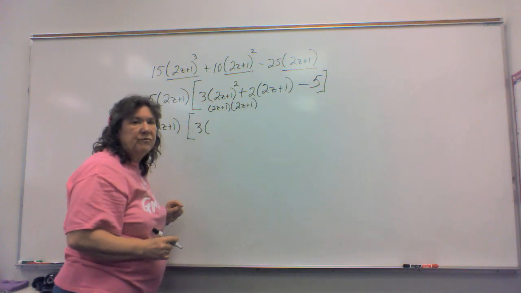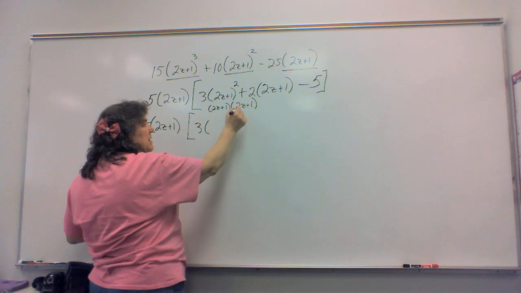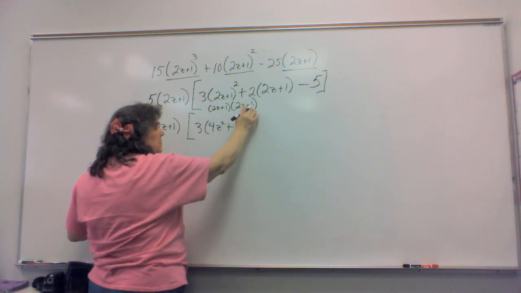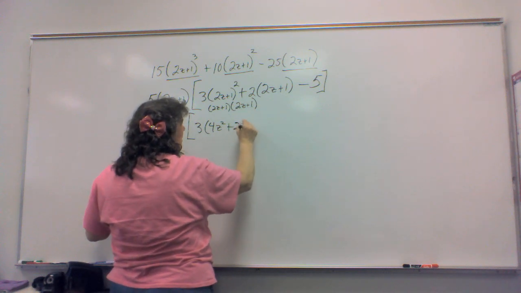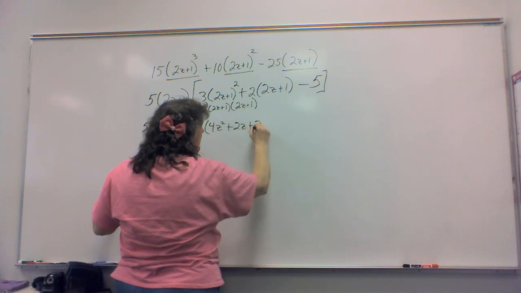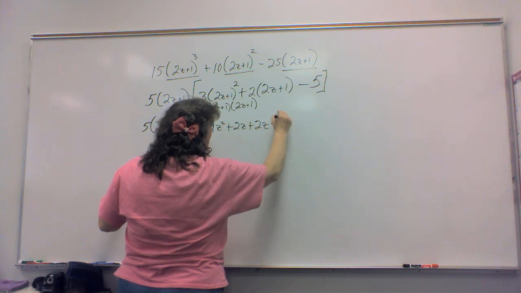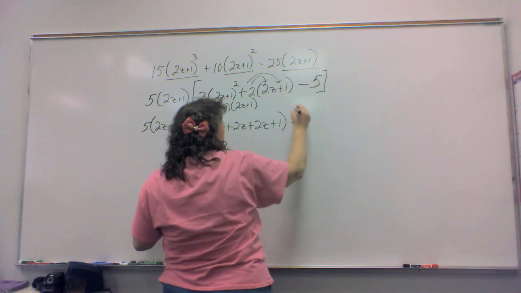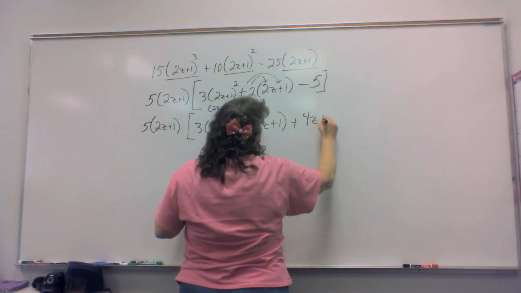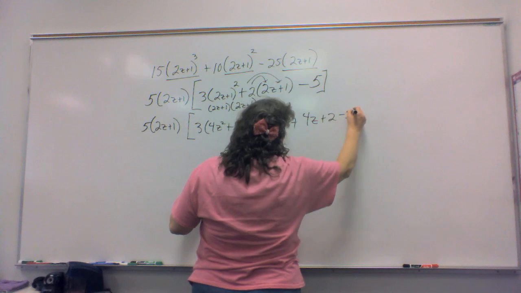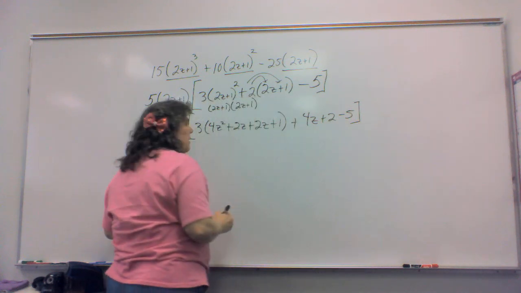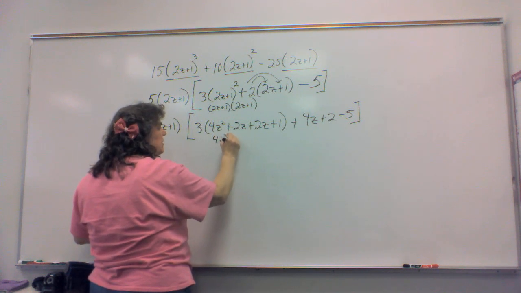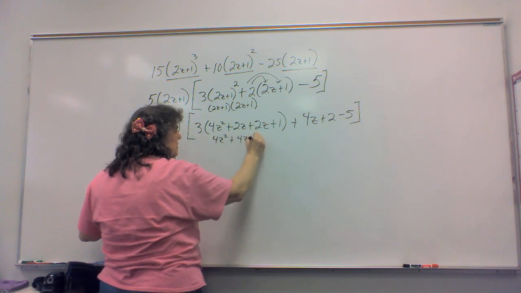You're going to use your FOIL to calculate that. 2z times 2z is 4z squared, plus 2z times 1 is 2z. 1 times 2z is 2z, and 1 times 1 is 1, plus, let's distribute this one. We end up with 4z plus 2 minus 5. Okay? Now let's simplify this. This is 4z squared plus 4z plus 1.